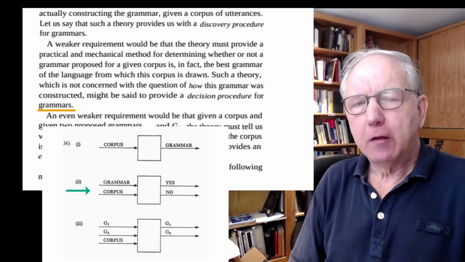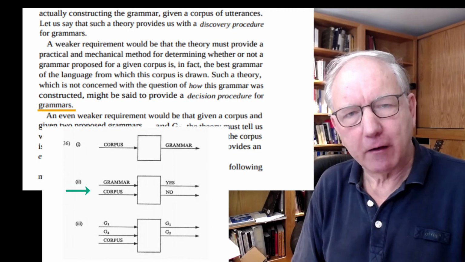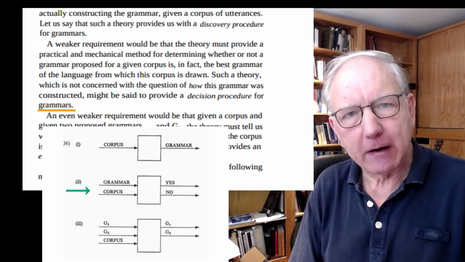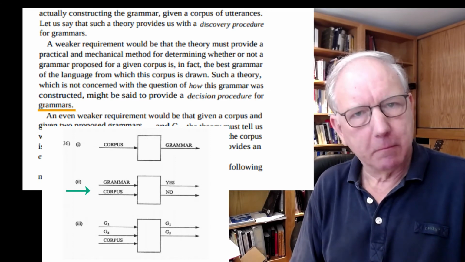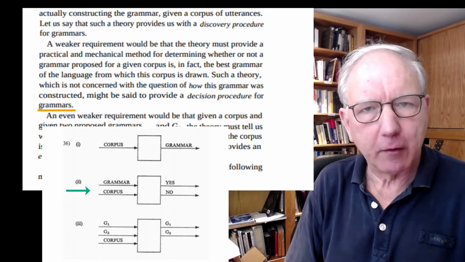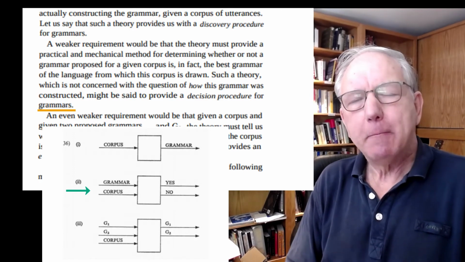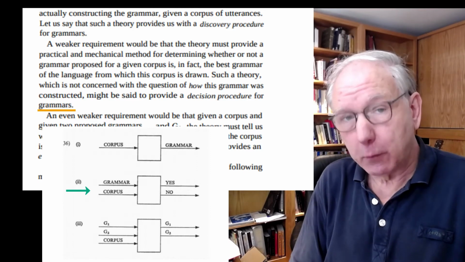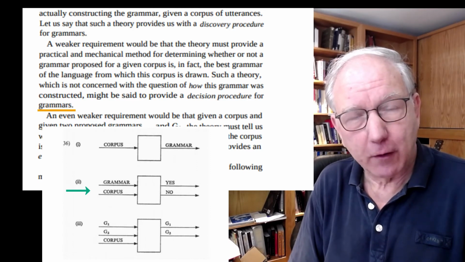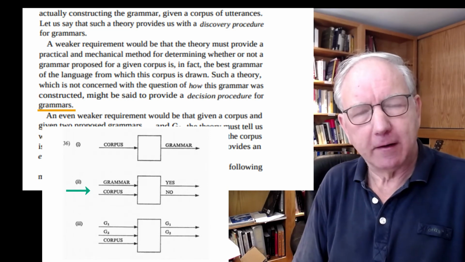Okay, so what that means is, in a certain respect, what Harris is trying to do could be thought of as falling under this second model, this model that says yes or no, this grammar is an okay grammar for the particular data. But at the same time, the next model, the one which is weaker and which Chomsky is going to say, well, that's the best we can do at this point in the history of linguistics.